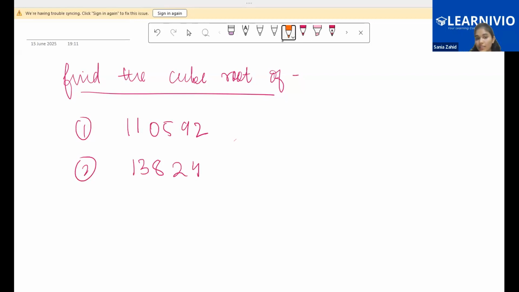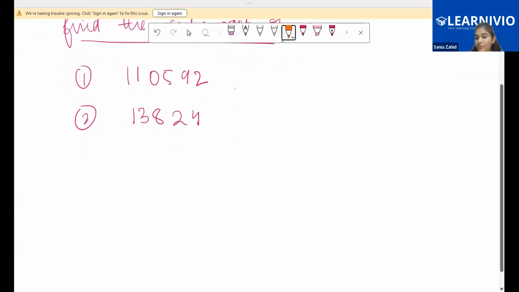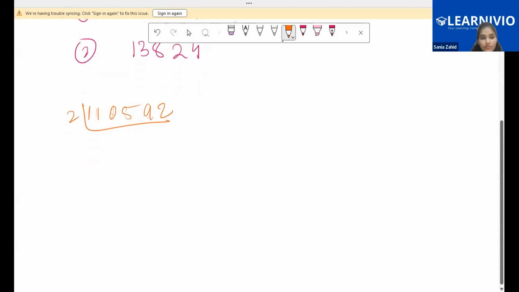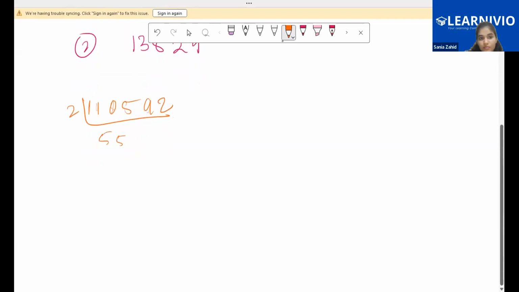Mustafa, you can also have a look at these questions. 110592. Just look here. First divide by 2, again by 2, again by 2.